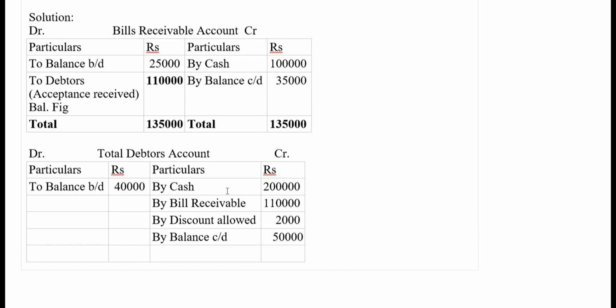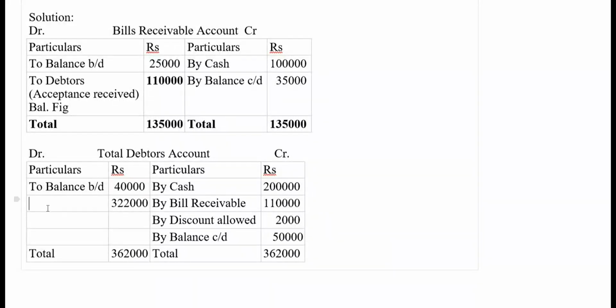Here we need to take the total. The credit side is more, so the total comes to rupees 3,62,000. Let me write it here also, total 3,62,000. The difference is 3,22,000.